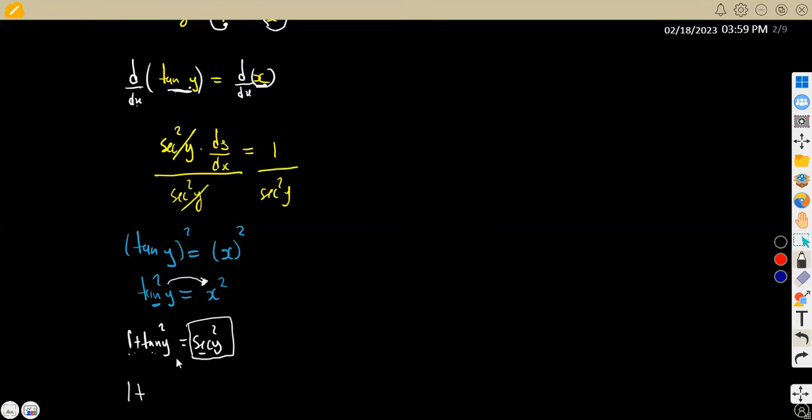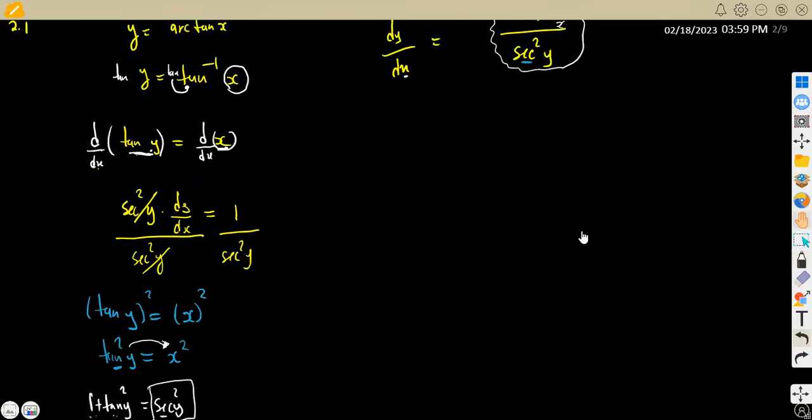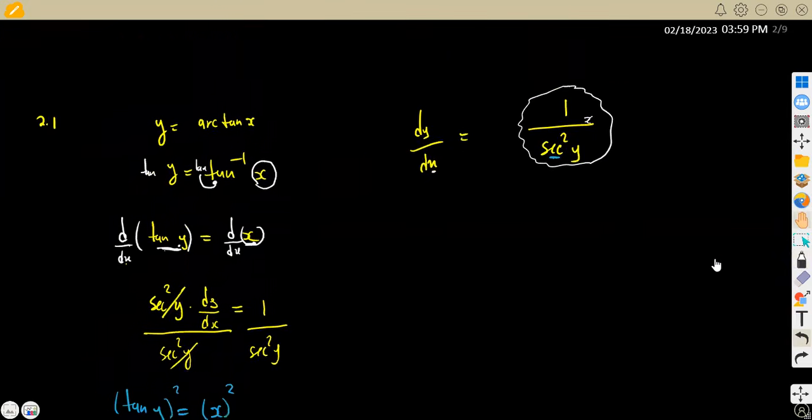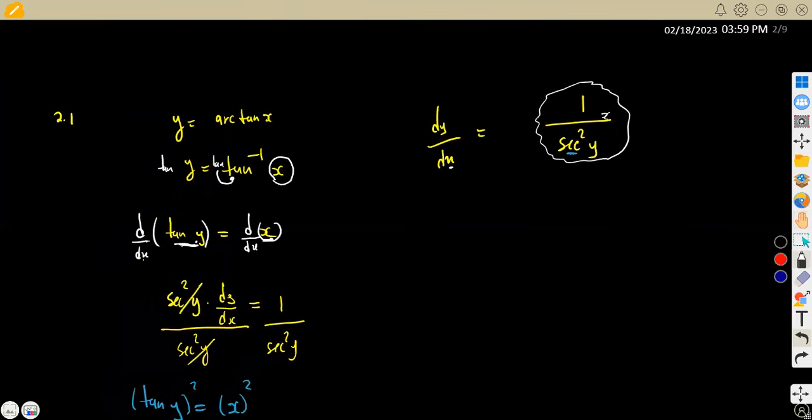To x squared. So that means we can write this as 1 plus x squared is equivalent to sec squared y in terms of x. We just substituted tan squared y with its equivalent, which is x squared. So this is what we are going to have here. In place of sec squared y, we are going to write 1 plus x squared.